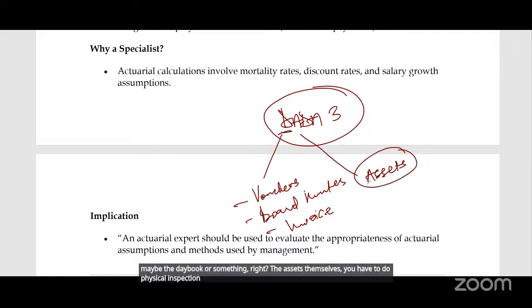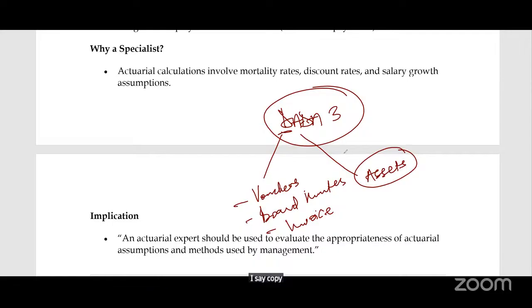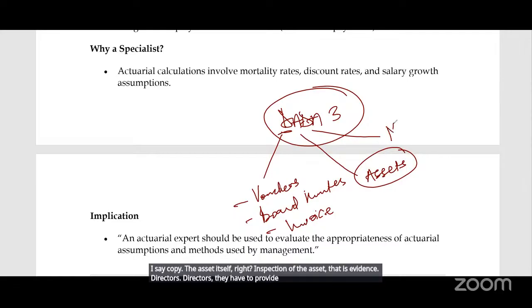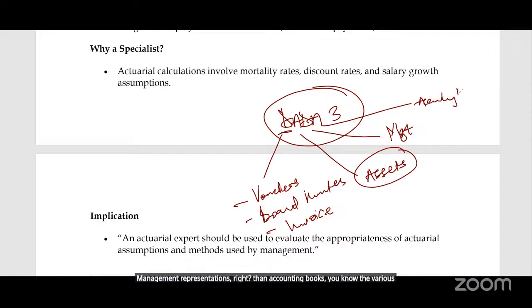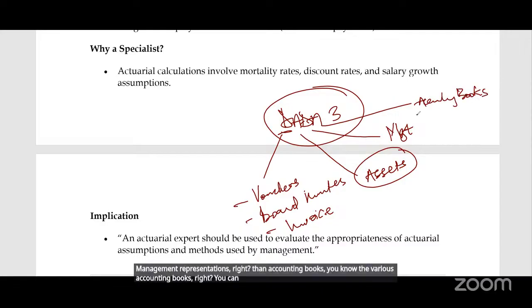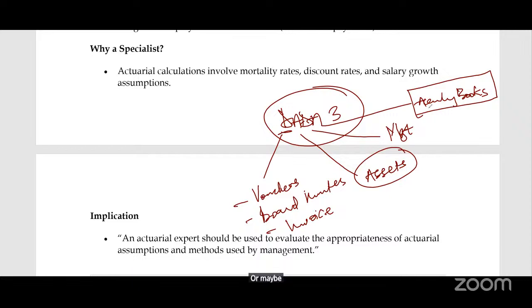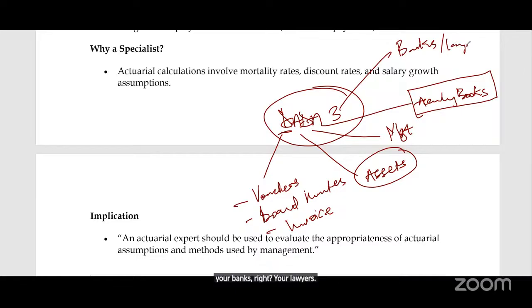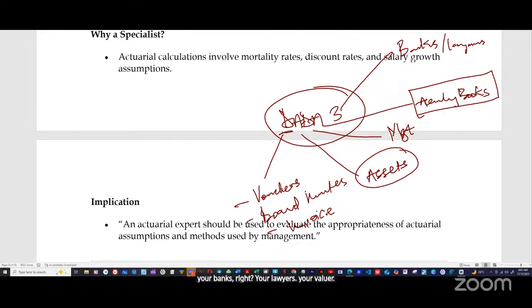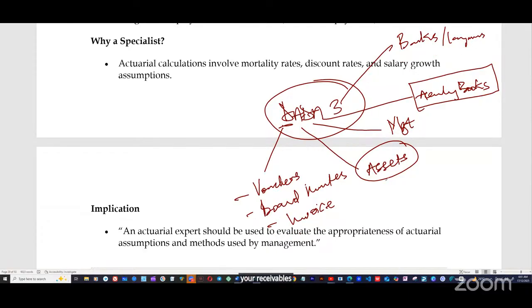Inspection of the asset, that is evidence. Directors, they have to provide you minutes or management representations, right? Then accounting books, you know the various accounting books, right? You can mention a copy of the ledger or a submission of the ledger for you to check the ledger. Third parties, confirmation from third parties. Third parties, you are talking about what? Your banks, right? Your lawyers, your valuer, your receivables, your payables. Sometimes you can get evidence from them. Are we okay?